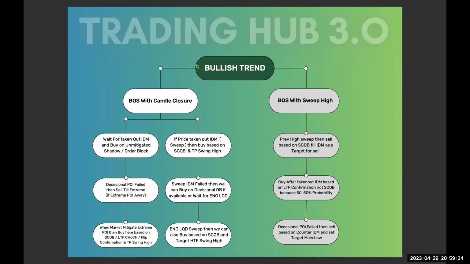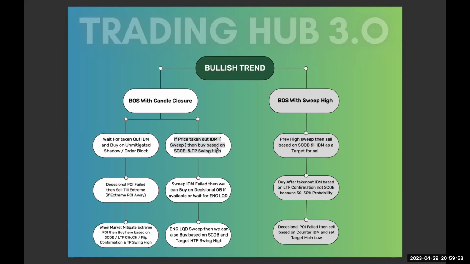In a bullish market, momentum is bullish. Boss, look at this one. Read it. If price takes out inducement and sweeps, right? Inducement sweep, and then buy based on a single candle order block and TP target point swing high.